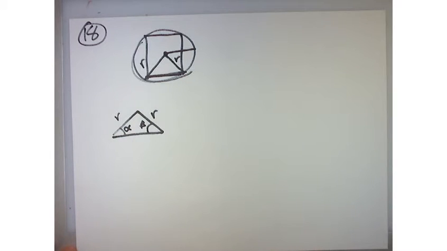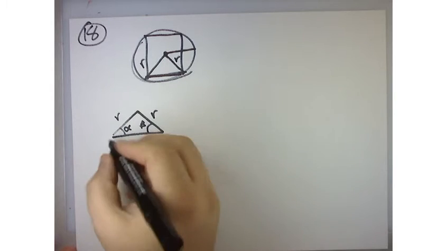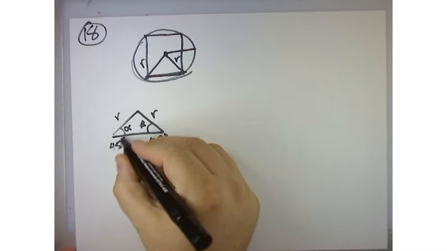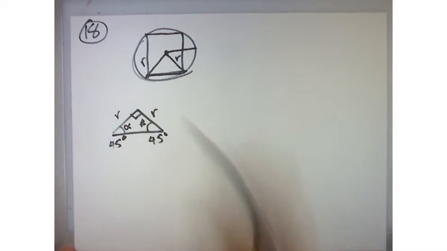Now, we're making an assumption, and we might be correct, we might not be, that this is 45 degrees and this is 45 degrees. That's only true if this is a 90-degree angle.